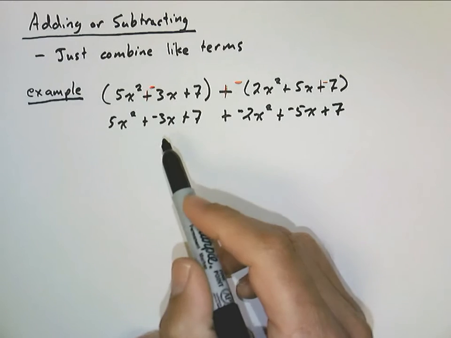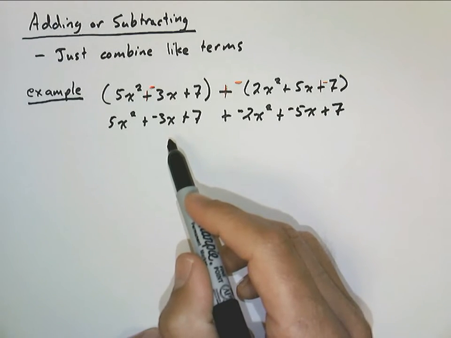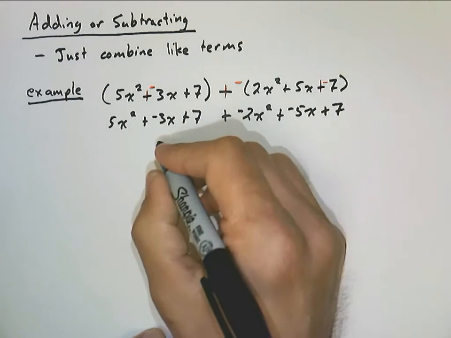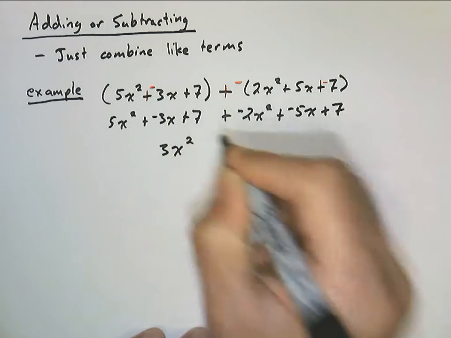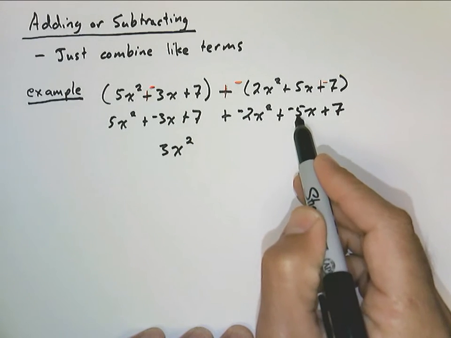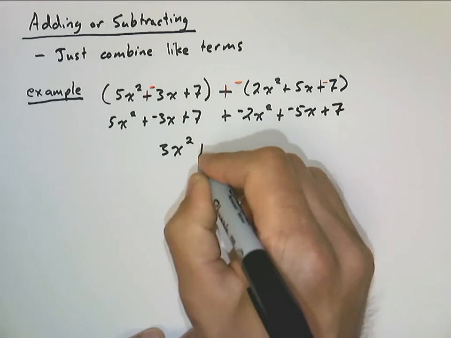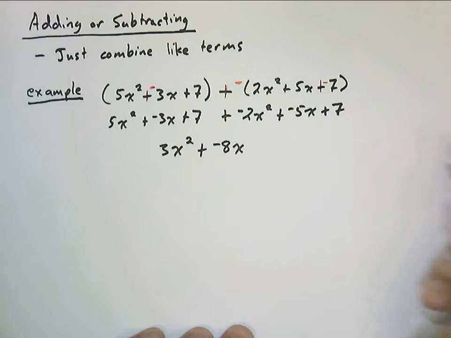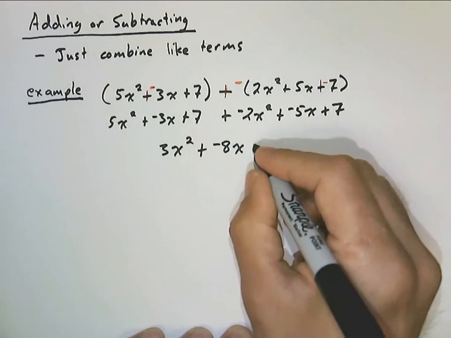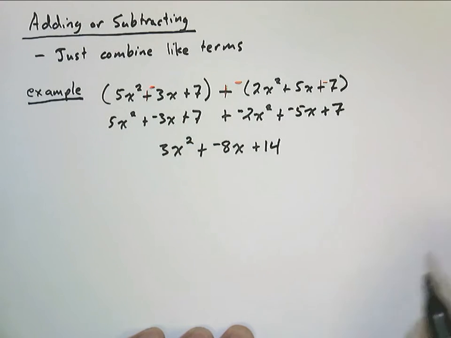And now, pretty simple, we just combine the like terms here. 5x squared is here, negative 2x squared is here, leaves us with 3x squareds. Negative 3x is here, negative 5x is over here, so that's plus negative 8x's. And then 7 here plus another 7 here for our constants. Add those together, we get 14.